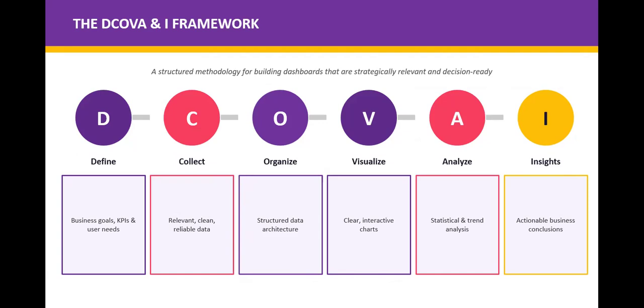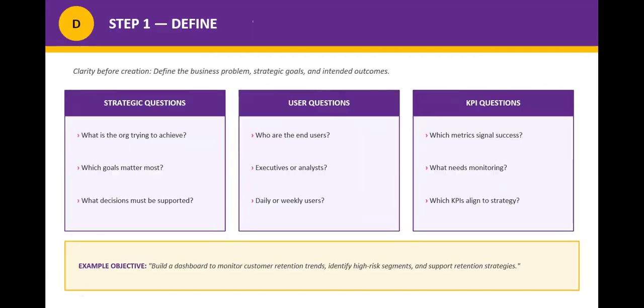And in marketing, if you want to improve campaign performance, you might want to track the leads and the conversions, right? So, dashboards should align closely with the strategic goals of the department, the organization and your stakeholders. Okay, this alignment is central to the DCOVA and I framework. I hope this is clear.